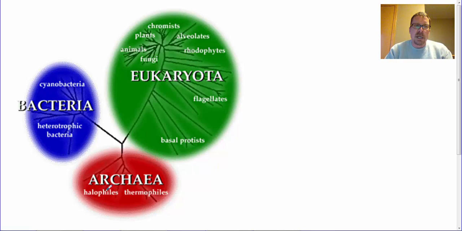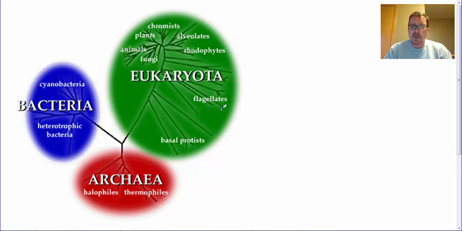The bacteria and archaea are the prokaryotes. And in fact, they used to essentially be one domain. They've split them into two domains now. And then the eukaryotes, where you can see they break down into the animals, the plants, the fungi. I'm a fungi. And some of the single cell, basal protists, the flagellates.